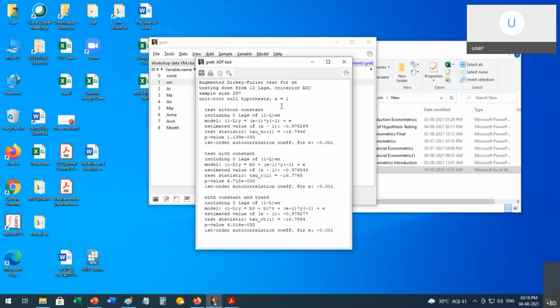So we reject the null hypothesis of unit root. That means there is no unit root. If there is no unit root, then the series is stationary. Got the idea? Okay.